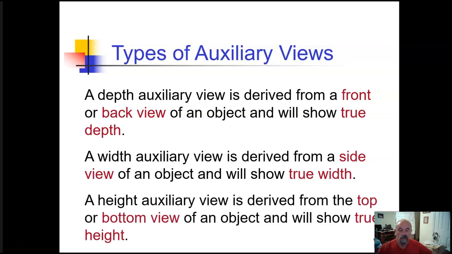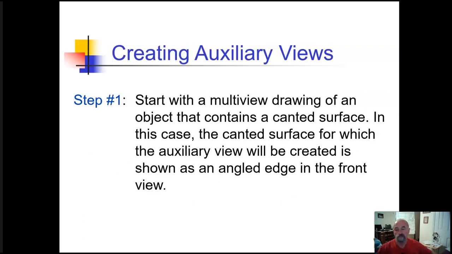Height auxiliary is derived from the top or the bottom of an object, and it'll show the true height. To create one, you start with a multi-view drawing of an object that contains a canted or angled surface. In this case, the canted surface for which the auxiliary view will be created is shown as an angled edge in the front view. All right.